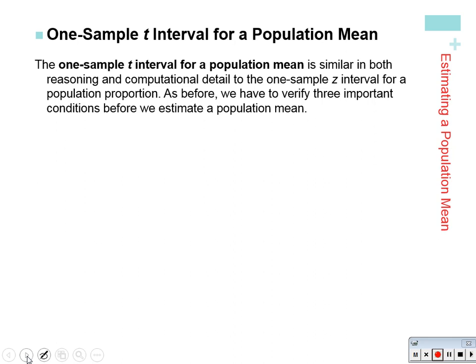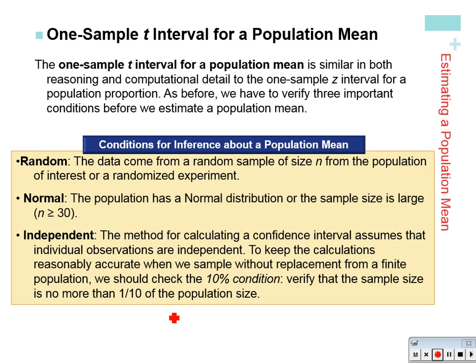There are conditions involved, just like there were with a one sample z interval. There are conditions for computing a one sample t interval, and those are the same as what we talked about previously: random, normal, and independent. For the random condition, remember the sample must come from a simple random sample, or if we're talking about an experiment, it has to come from some sort of randomized experiment. For the normal condition, remember there are two different ways to verify it.